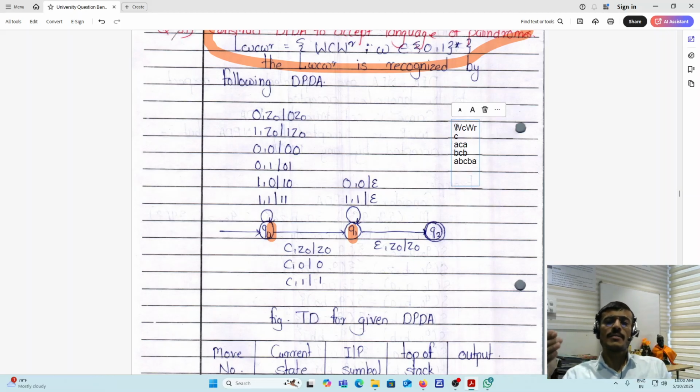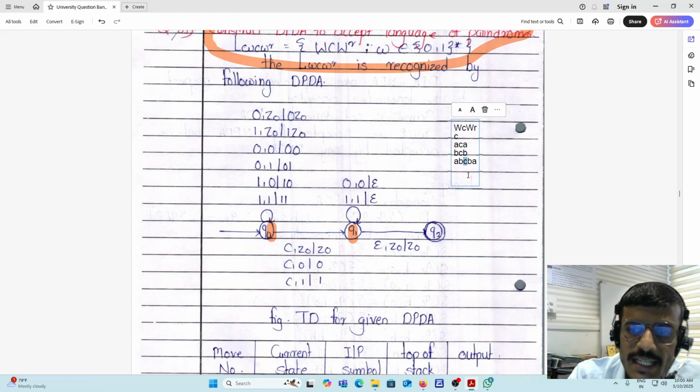Whenever the marker is present in the middle of the string, you can see here this C is present over here, over here, over here, and towards the left side and the right side they have the mirror image, that is A B B A. So basically the smallest string should be C.